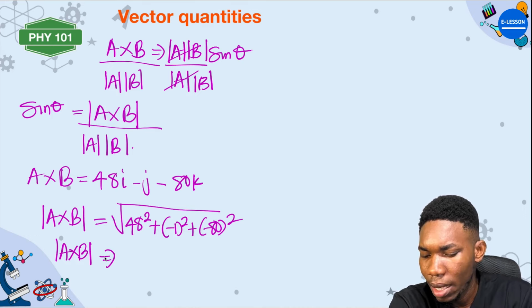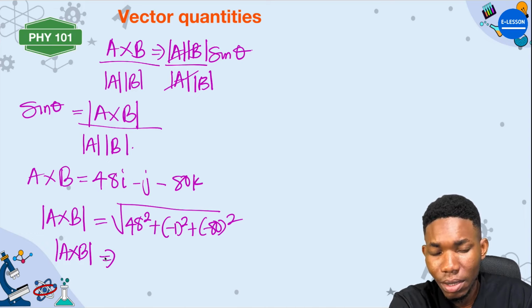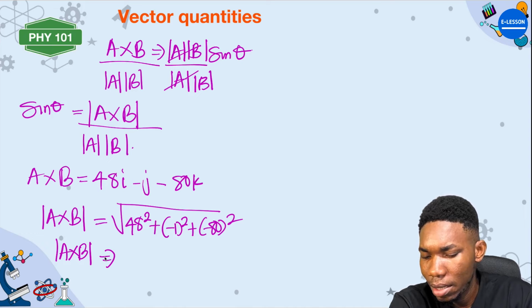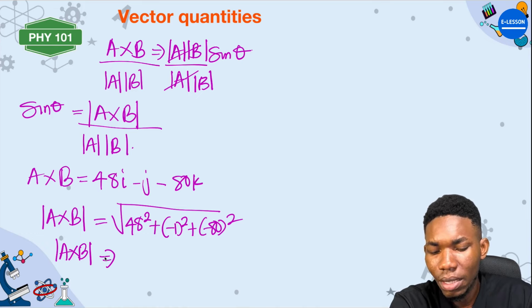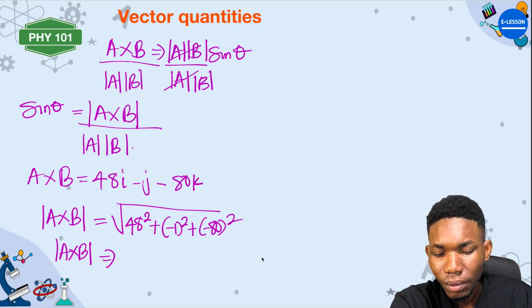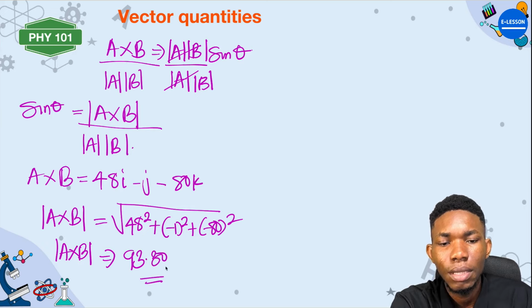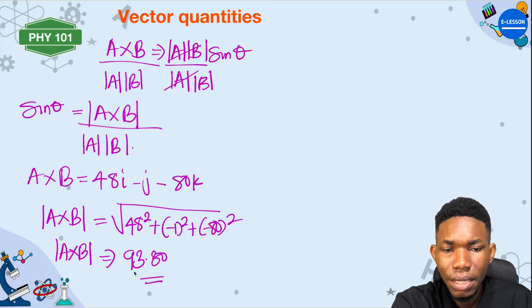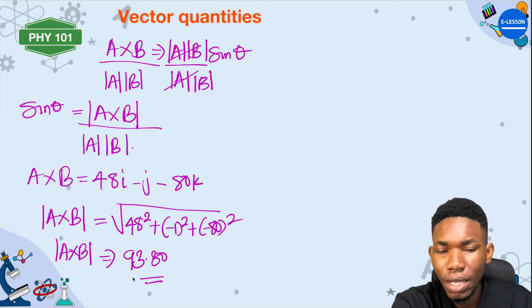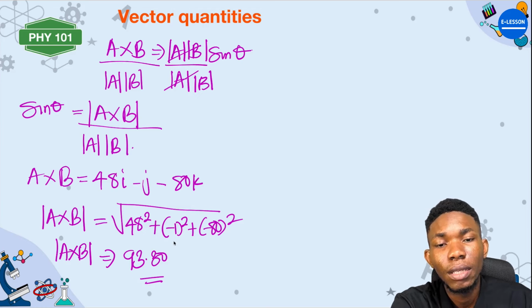Square root of 48 square plus 1 square plus 80 square. Forget about the negative sign. Once you square it, it will give us a positive answer. And the answer it gave to us is 93.30. Is that okay? So 48 square plus 1 square plus 80 square, square root of everything will give us 93.30.